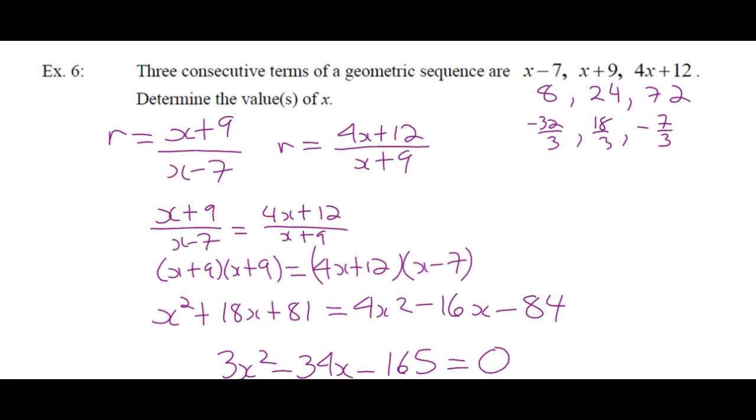And if you want to figure out the common ratio, you're going to take a term, 18 over 3 divided by negative 32 over 3, which is 18 over 3 times negative 3 over 32. Negative 18 over 32, or negative 9 over 16. I guess negative 9 over 16. And if you took this and multiplied it by negative 9 over 16, I posit you'll get that.